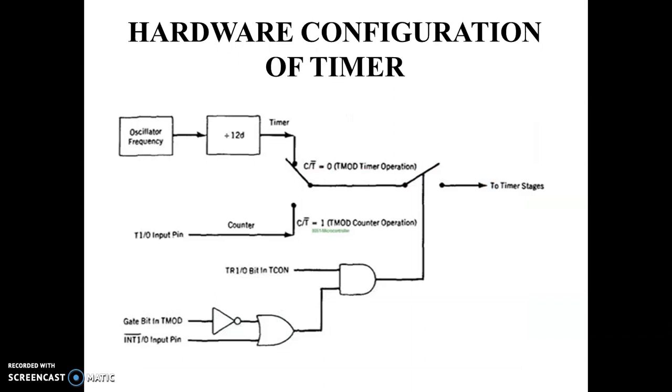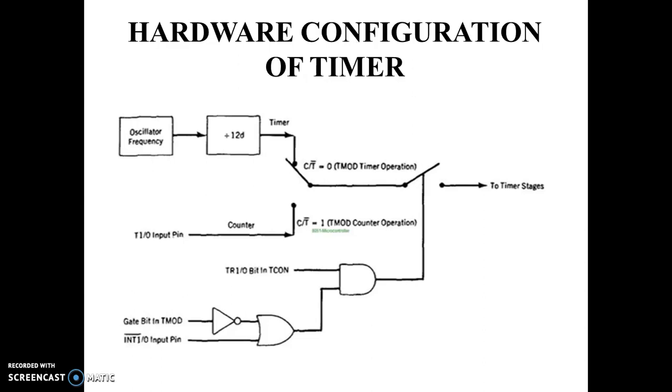So let's get into the hardware configuration of the timer. In the hardware configuration, the oscillator frequency is given to one circuit that divides by 12, and the output is given to the timer. The timer also gets a clock signal from another source, that is the T0/T1 input pin.